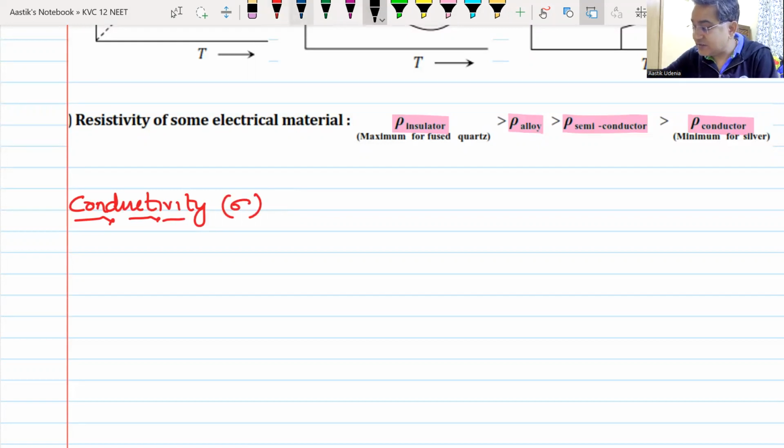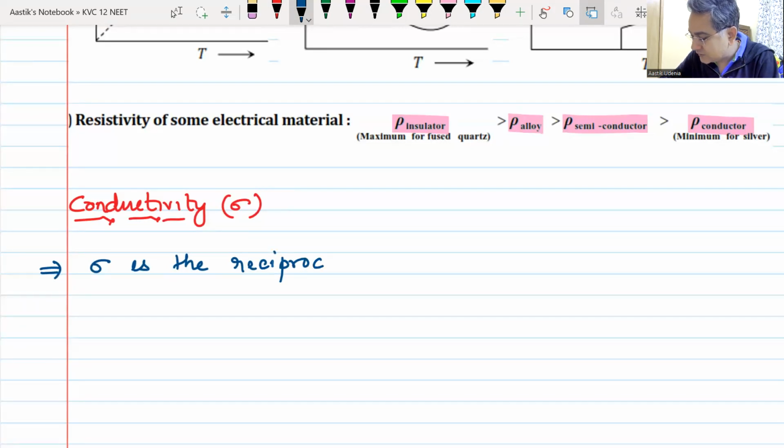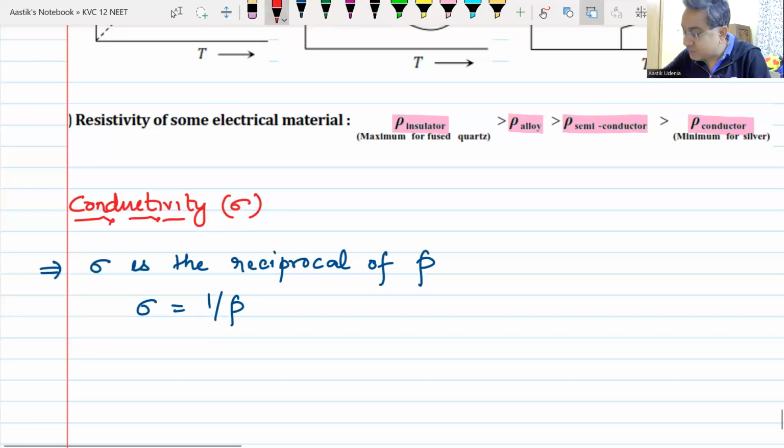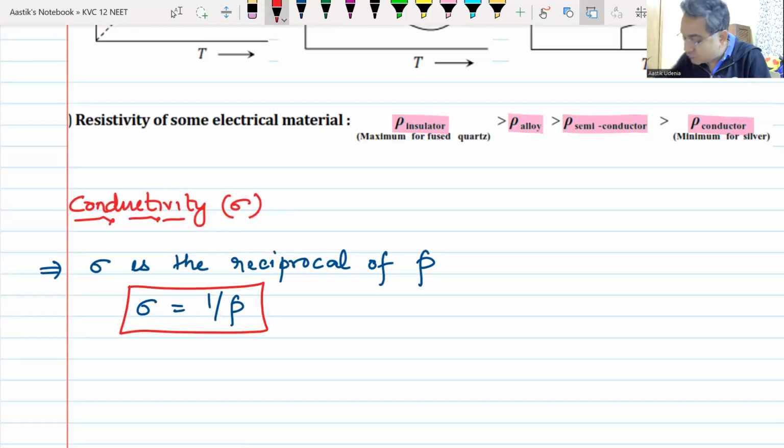If you understand resistivity, you understand conductivity. Conductivity is the reciprocal of what? Resistivity. Yes, it is the reciprocal of resistivity rho, or I can say sigma is equal to 1 by rho, my dear friends.